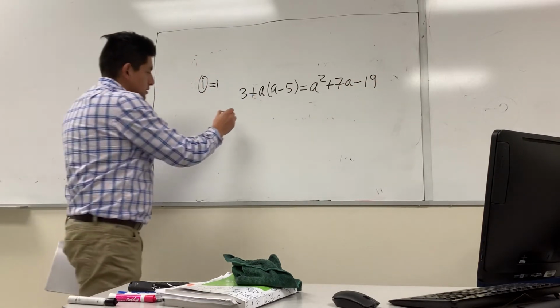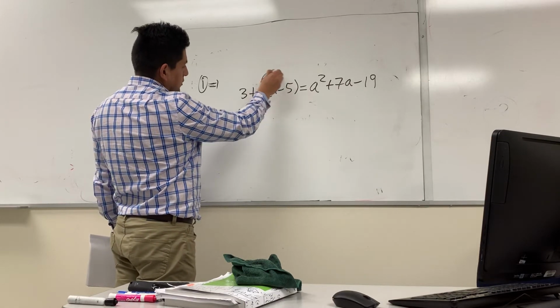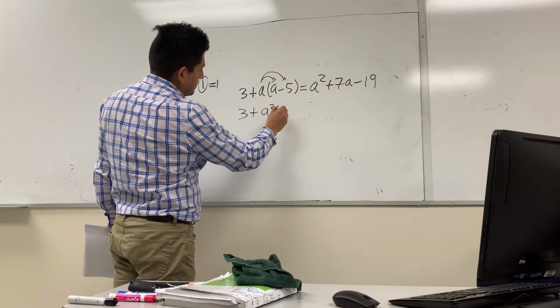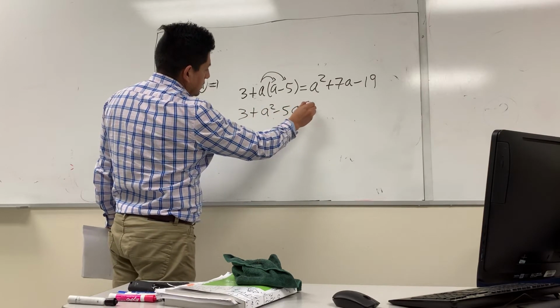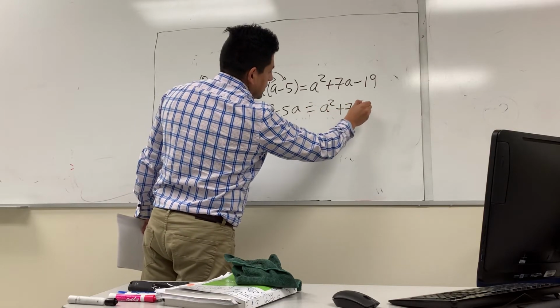Okay. So I copy the 3, and the a is going to multiply inside. So this becomes a squared minus 5a equals a squared plus 7a minus 19.